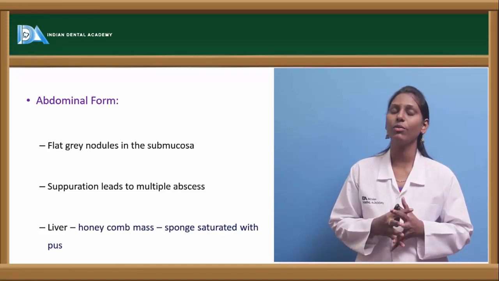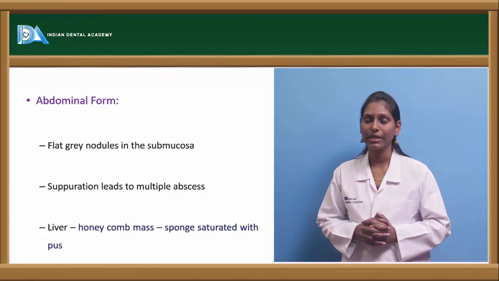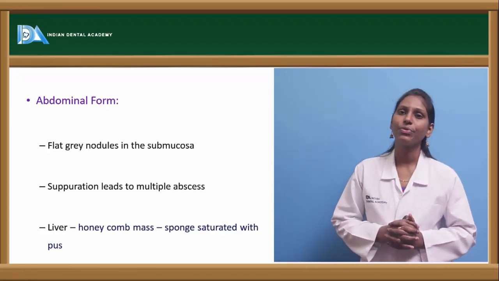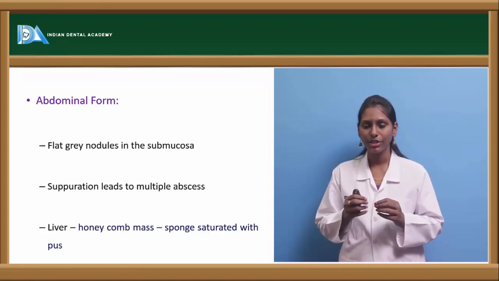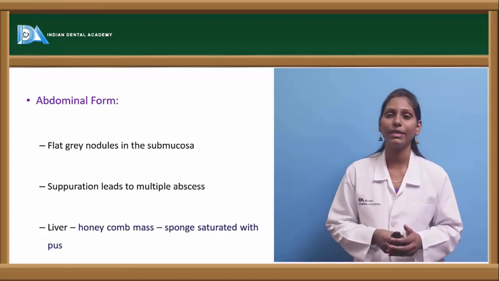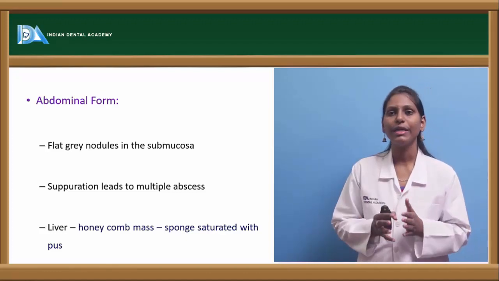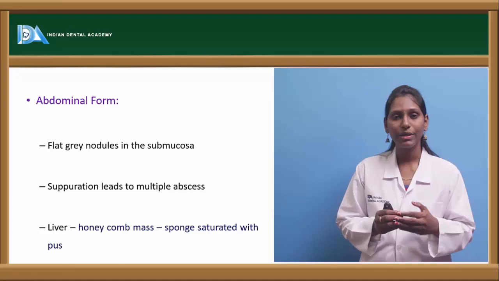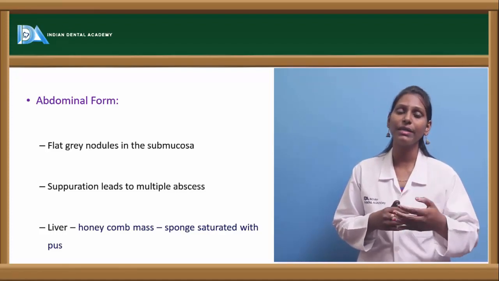So this abdominal form must be differentiated from malignancies that usually occur in the cecum or appendix. In due course of time, it causes suppuration, leading to multiple abscesses which drain out. Usually the abdominal wall is involved, with multiple abscesses.